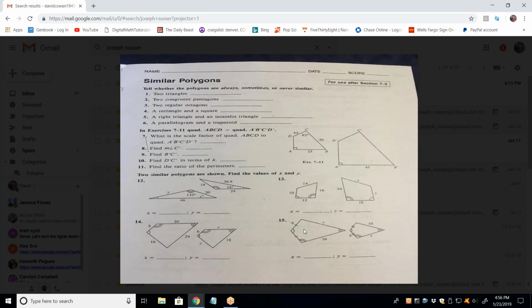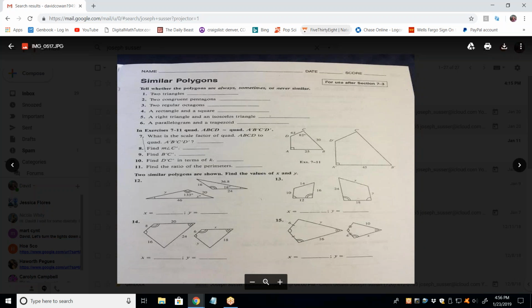Yeah. Okay. So, in the first one. So, tell whether polygons are always, sometimes, or never similar. So 2 triangles are sometimes, because you can have 2 similar triangles, but they're not always similar. Hold on one second.